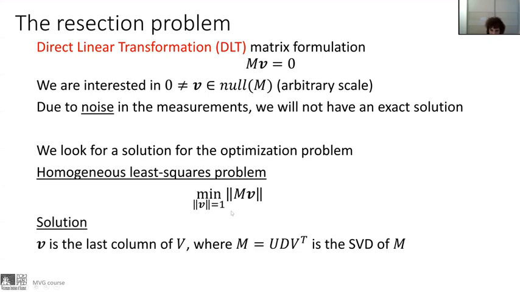And actually, the solution of this problem is: if you take the matrix M and perform singular value decomposition, the last column of the right block of orthogonal vectors is the solution to this problem. Now I would like to ask if everybody is familiar with SVD, singular value decomposition, or if I have to say a few words about this.